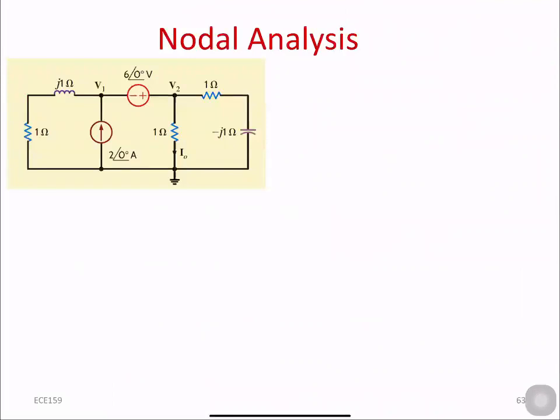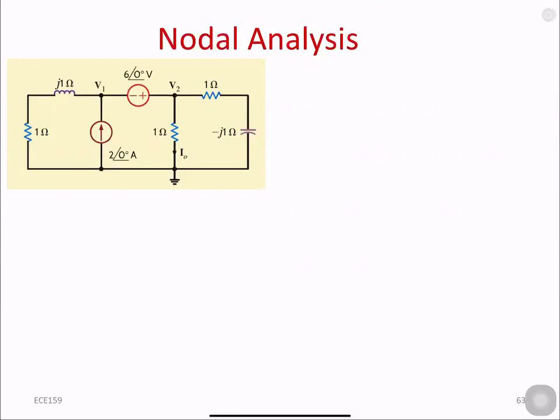So let's say we have this circuit and we need to find out I naught. So we need to find out I naught in the circuit, and this is using nodal analysis. We studied nodal analysis for the DC analysis when we did. Now this is using the frequency domain.